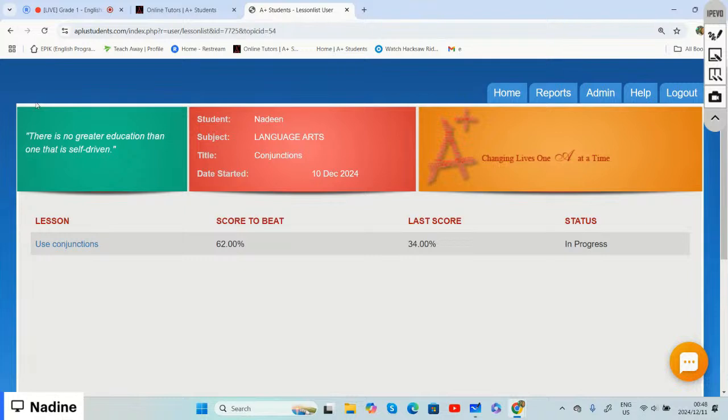And our most common conjunctions are and, but, or, so. All right, so this is the end of our lesson on conjunctions.